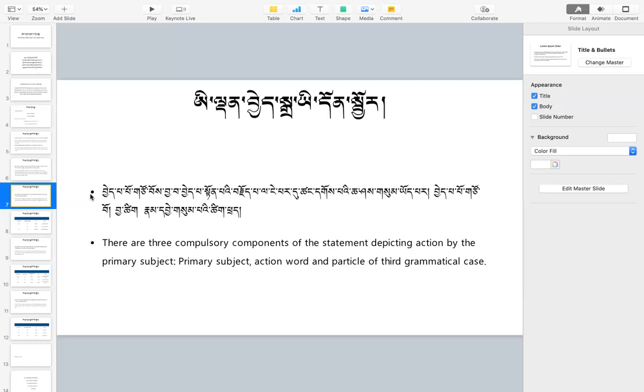In this case, it is the statement of the third grammatical case, the usage of the third grammatical case in a way that the particle of the third grammatical case shows that an action is done by the primary subject. Any statement that requires to fulfill all of these must consist of these three compulsory components.